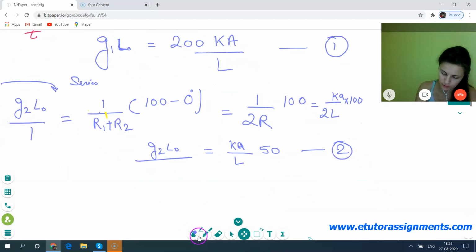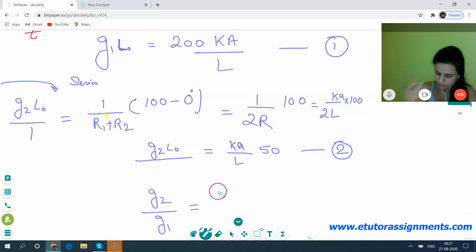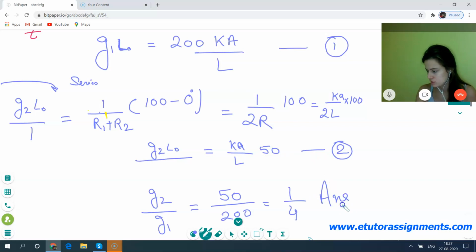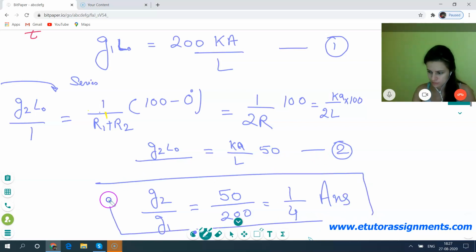L0 is going to cancel. Equation 2 has 50 KA divided by L, KA by L multiplied, and L also cancels. 50 by 200 is 1 divided by 4. Please check the answer. Answer D is correct.